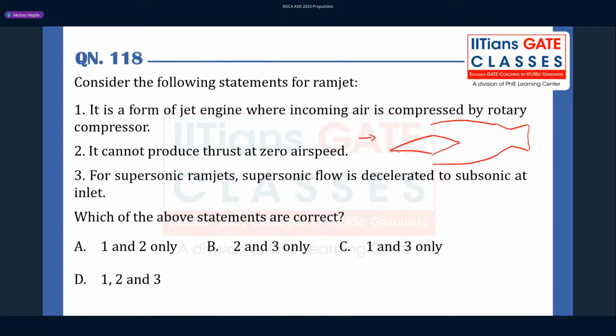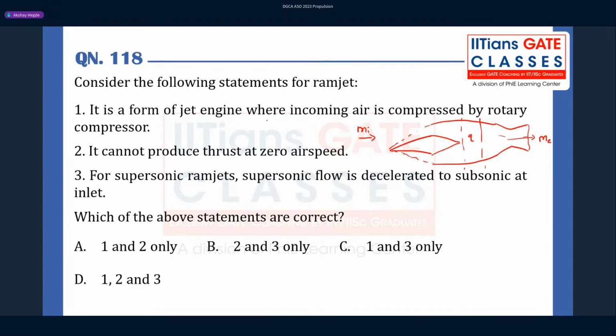So we have an incoming air that will be compressed through a supersonic diffuser. Then I will have a combustion chamber where energy is being added. Then the flow will expand through a converging diverging nozzle to give a supersonic flow at the exit.